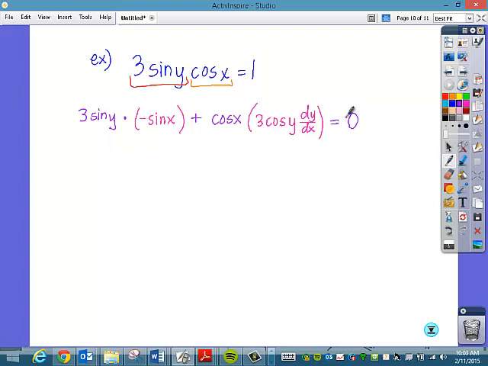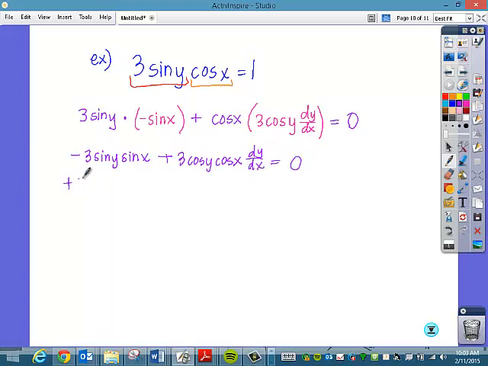So I'm just going to rewrite this. This is negative 3 sine of y sine of x plus 3 cosine y cosine x dy dx equals 0. Remember, you want to isolate dy dx, so you're going to move everything that doesn't have a dy dx over to the other side of the equation.